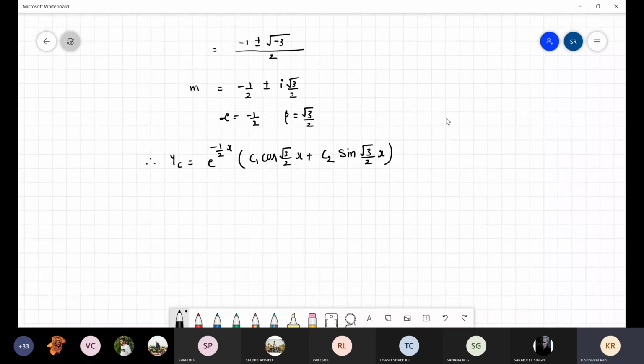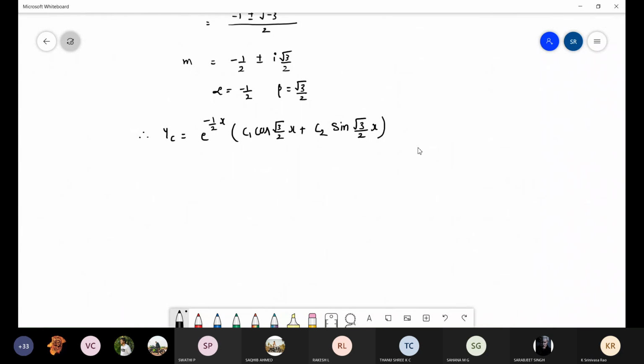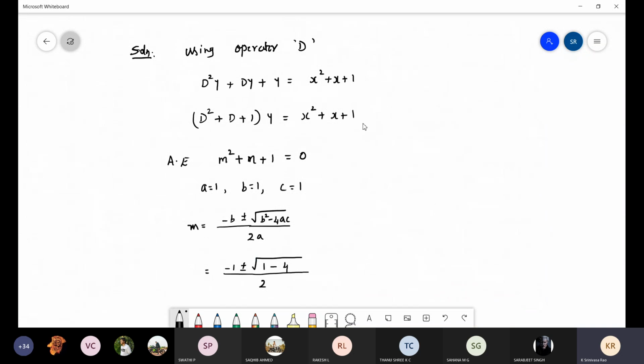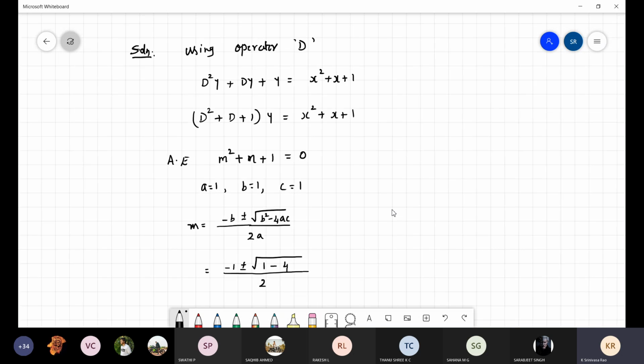Here it is very important. Consider Yp equals, as usual, the RHS equation in the numerator. So x square plus x plus 1 in the numerator, and f of D, the equation in terms of D, in the denominator, D square plus D plus 1.